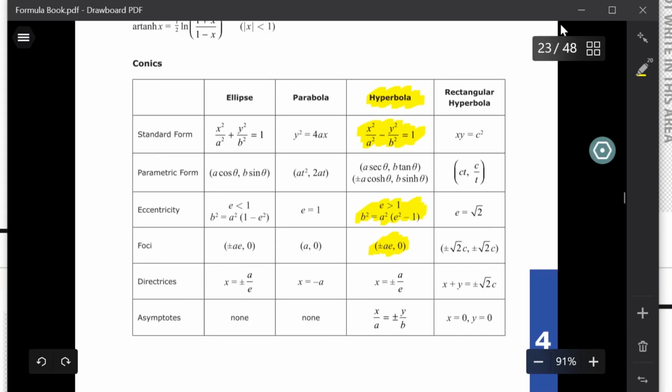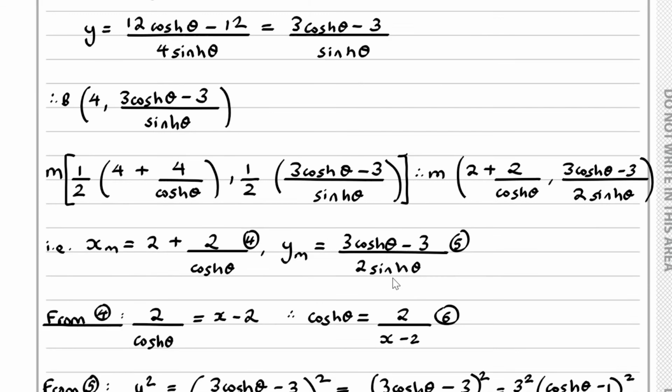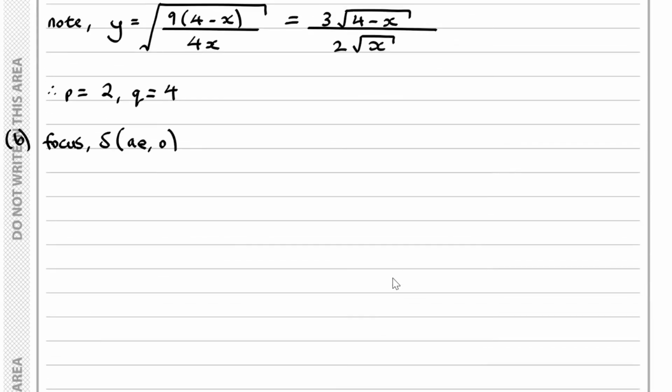So if we also go back over here for eccentricity, let's just write this down. We've also got B squared equals A squared lots of E squared minus 1. So using this information, we know what B and A are. So we have B squared, which is 9, equals A squared, 16, lots of E squared minus 1.